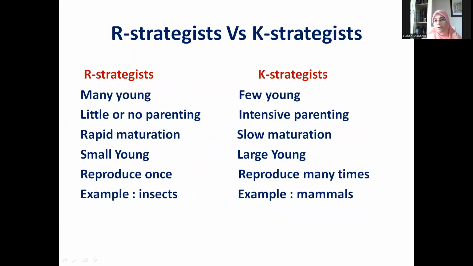Here we can find a focused comparison between r strategists and K strategists. The r strategists grow rapidly and drop rapidly. So the growth rate is very high. At the beginning, we might find many young individuals, but because there is little or no parenting, they will die rapidly, and then they will drop again rapidly. They reach maturity early.